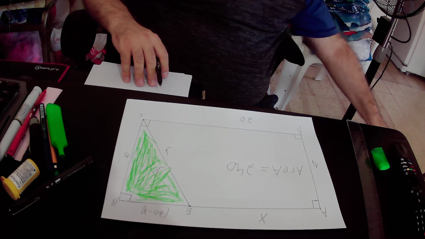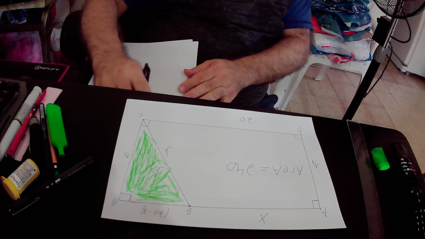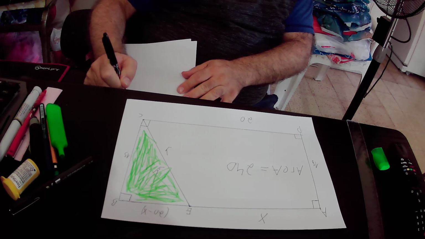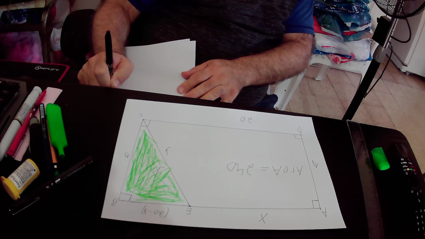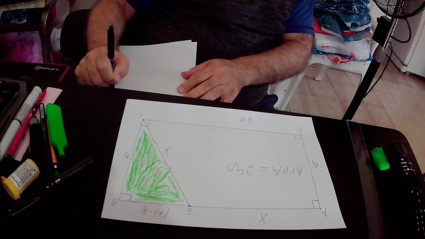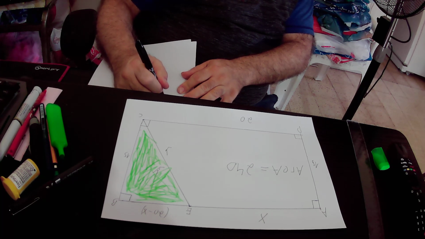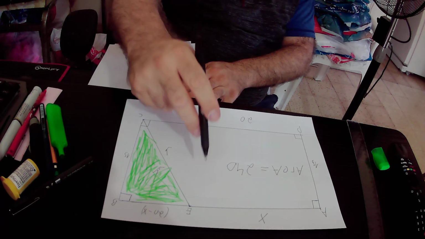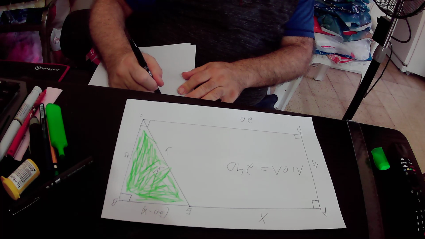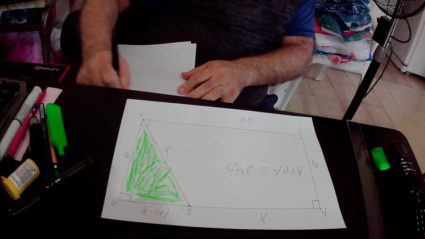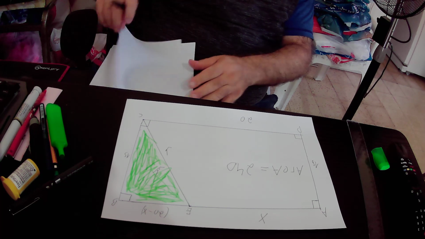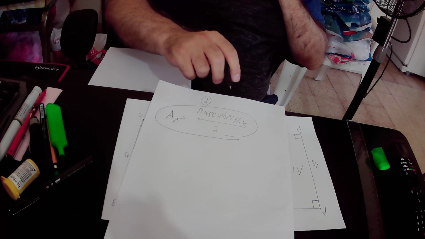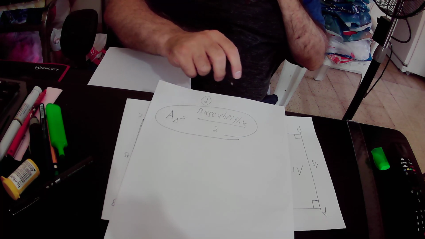And the formula for the area of any triangle equals the base of the triangle times the height to the base over 2. That is the area of any triangle, and also the area of triangle EBC. Okay, again, the formula for the area of any triangle equals the base times the height to the base over 2.